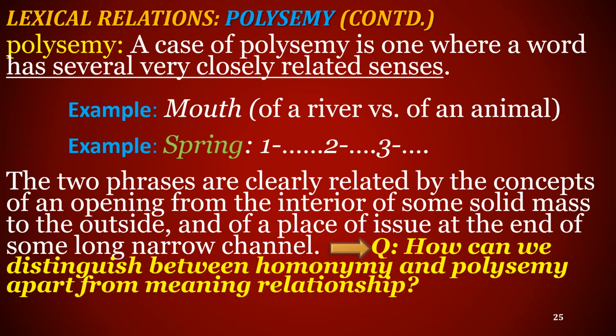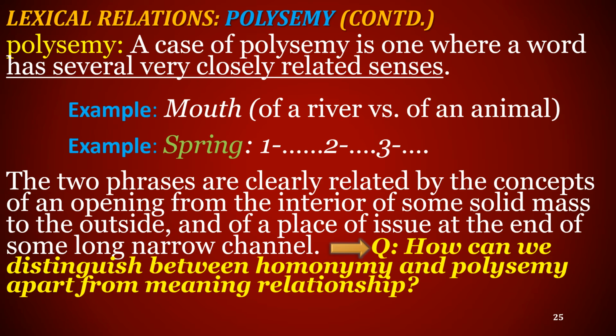Now the question is, how can we recognize each of these two different types of lexical relations? That is, how can we distinguish between homonymy and polysemy? We know that when we talk about homonymy, we're talking about cases of ambiguous words whose senses are far apart from each other.